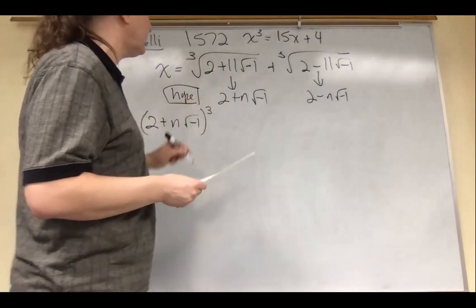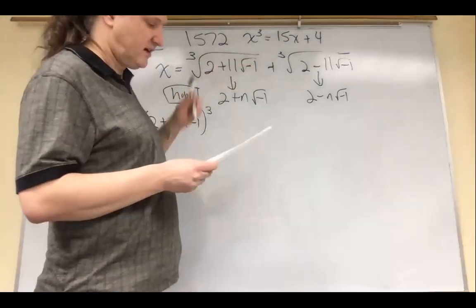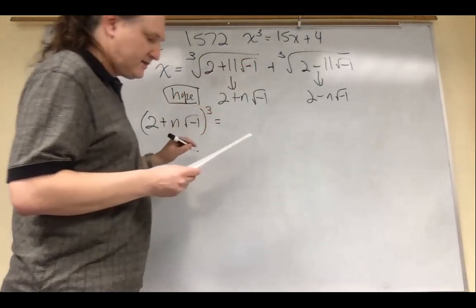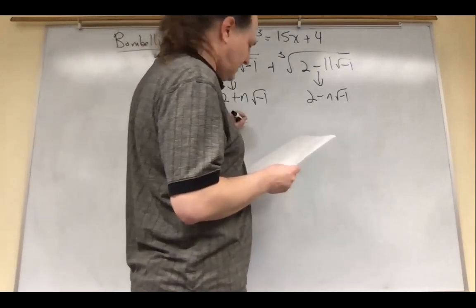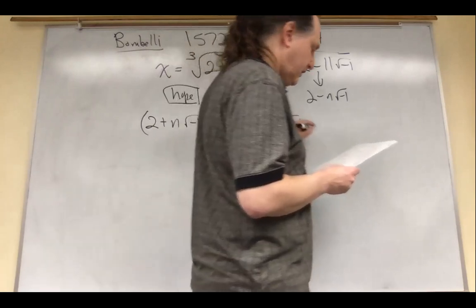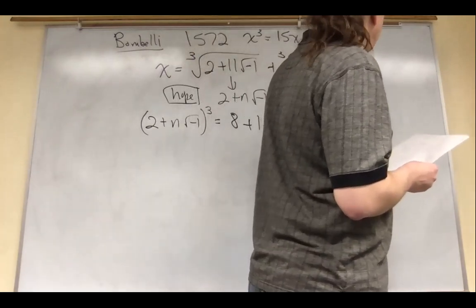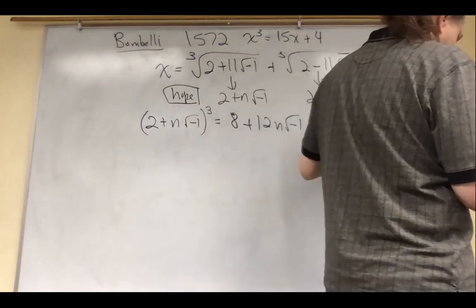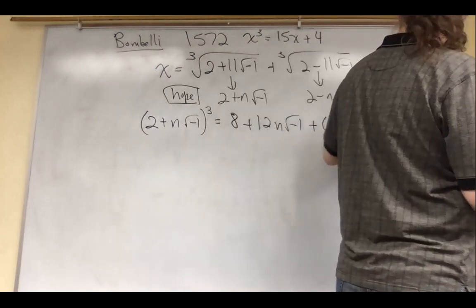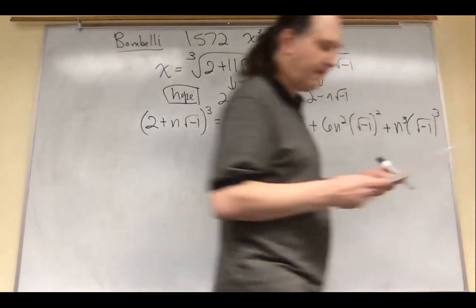Let's cube this and see if we can make it equal 2 plus 11 times the square root of negative 1. So we cube this. We get 8 plus 12n times the square root of negative 1 plus 6n squared times the square root of negative 1 squared plus n cubed times the square root of negative 1 cubed.